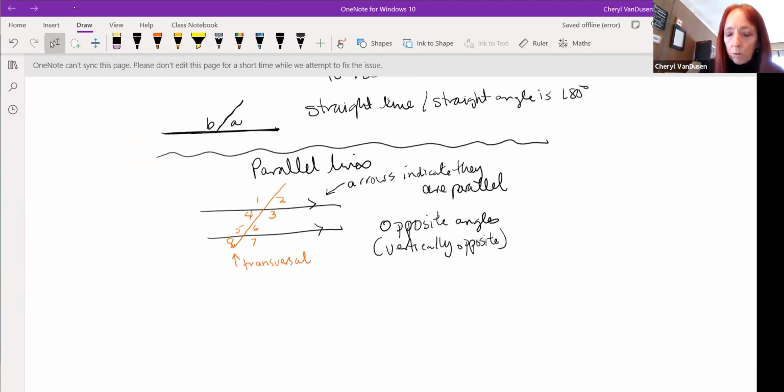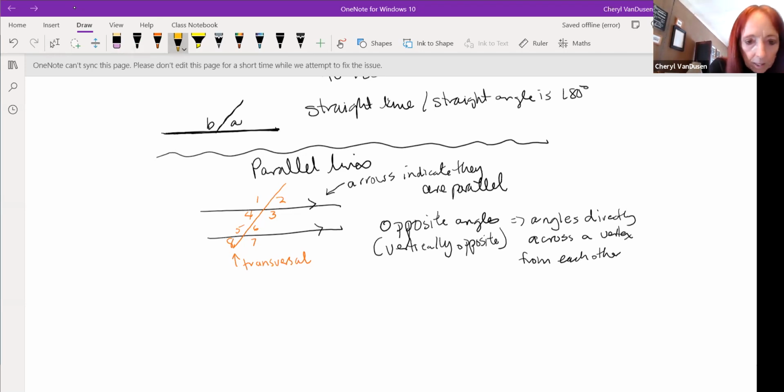Okay, us older folks, we always call them vertically opposite. The definition of opposite angles is angles directly across a vertex from each other. Do you guys know what vertex is? I'll explain what that is.